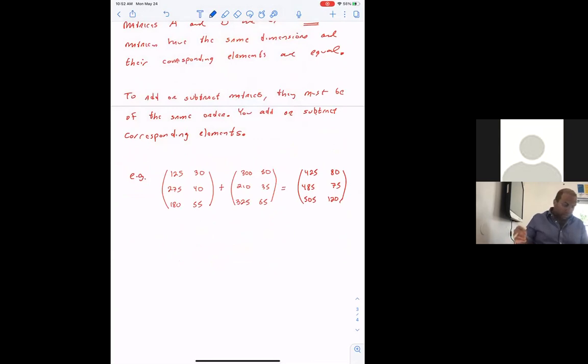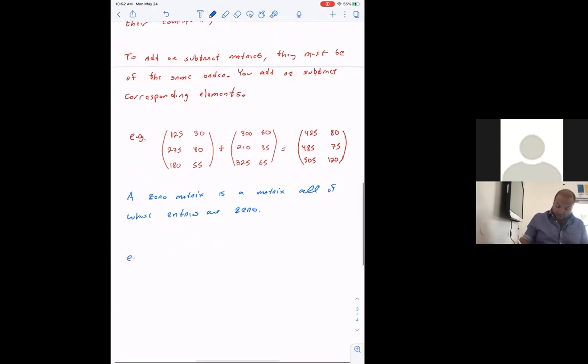Okay, next. Now, the book says the zero matrix, 0, is the matrix whose entries are all 0. I don't like that, because there are infinitely many zero matrices, depending on the size. A zero matrix is a matrix all of whose entries are the number 0.